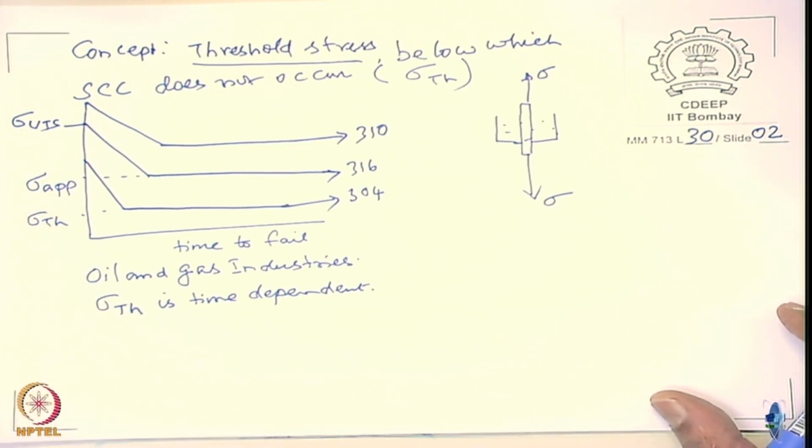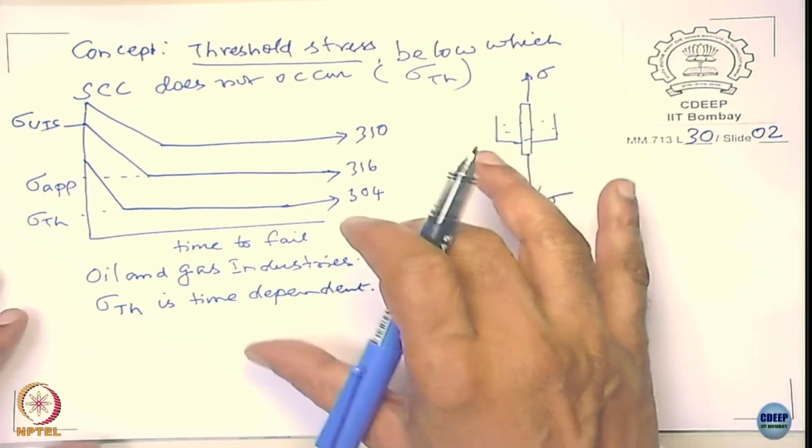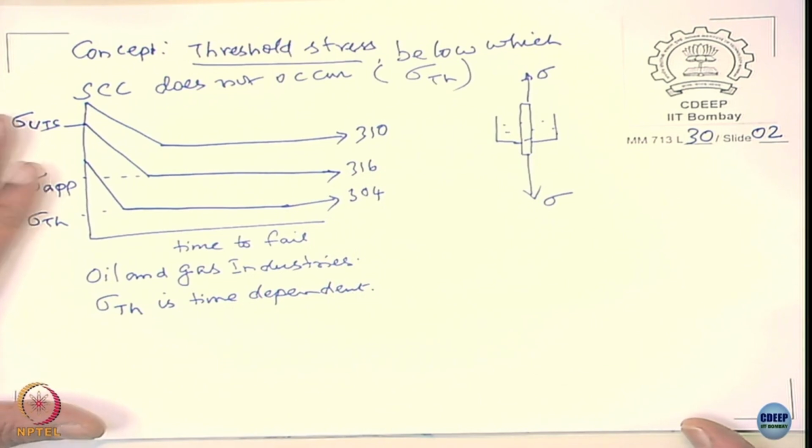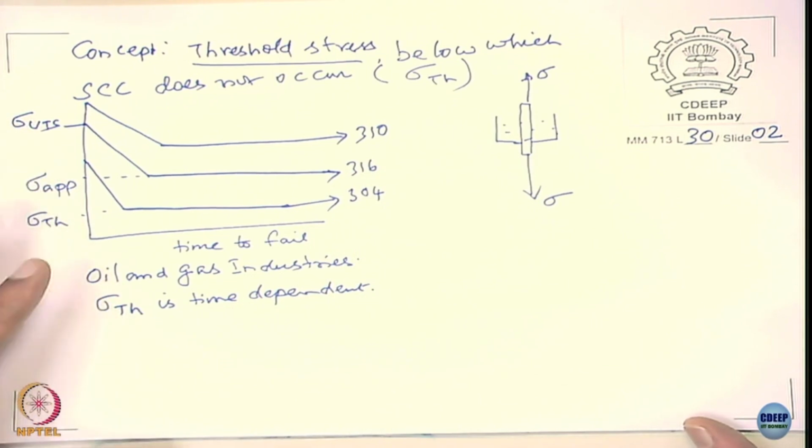Now this particular thing is very important to understand from the concept of what happens in stress corrosion cracking. Suppose I apply a component for an industry application, how does stress corrosion cracking really work actually?